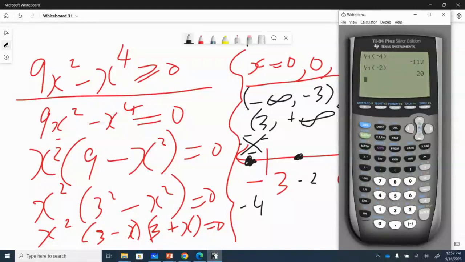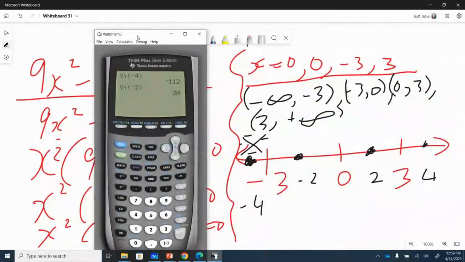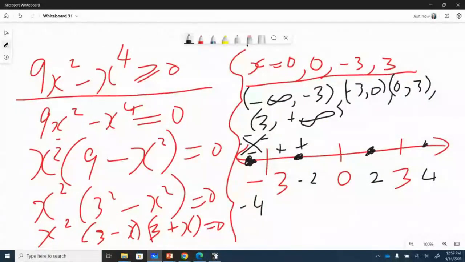Is 20 greater than 0? Yes. So 20 is greater than 0 and is positive. So use sign language. Sign, positive. And it passes the test. So that region from -3 to 0 is in the solution region.